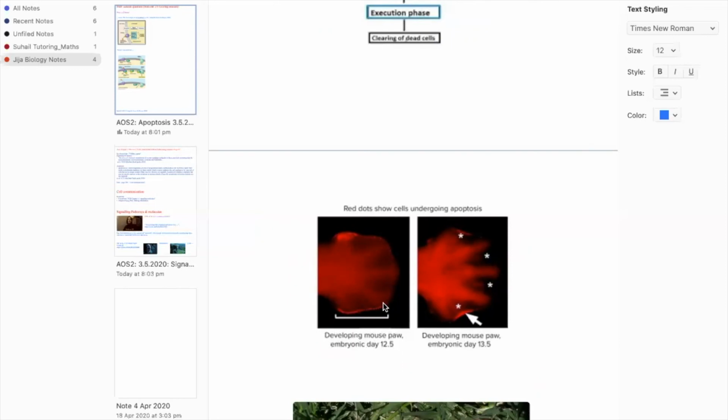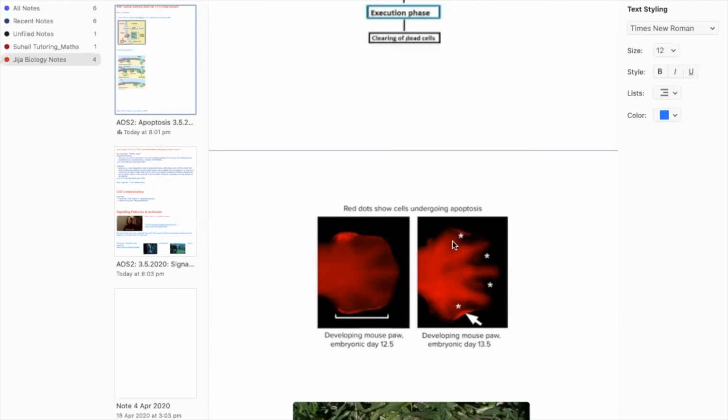So we can see the development of the mouse paw, and we note that it is a bit webbed. The same thing happens in human embryos. Obviously, when a human or a mouse is born, they do not have webbed hands.